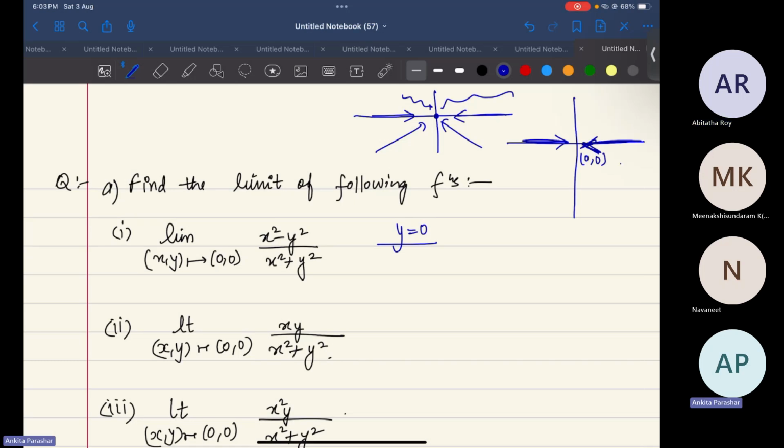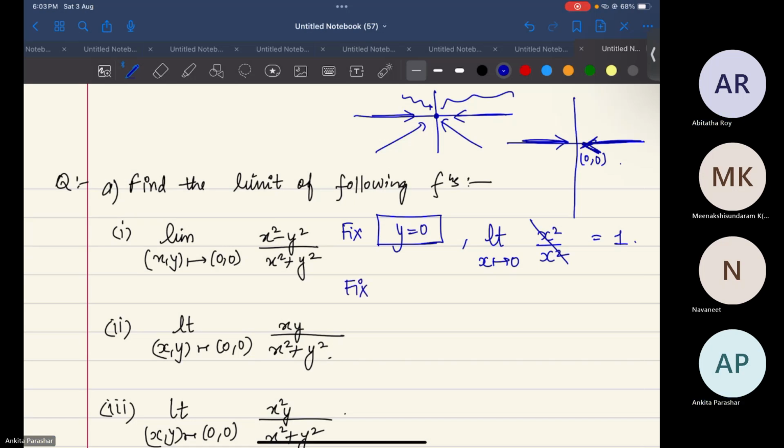Is that okay? So this is one path. Fix y equal to 0. Then the function will become x square by x square. What is the limit? 1. But what if I approach by another path?